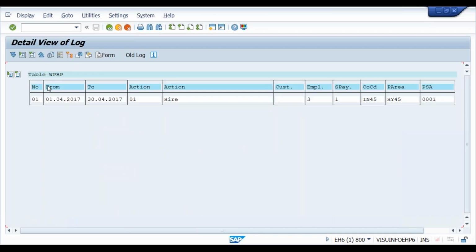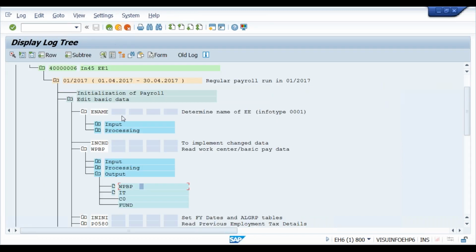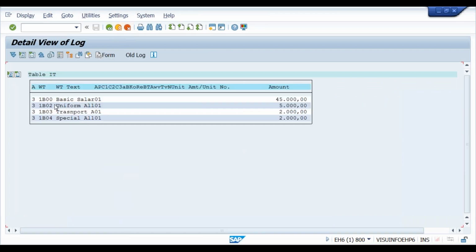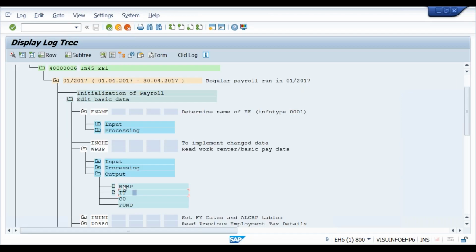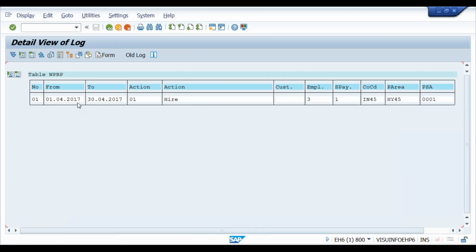Consider this is a personal number and it has all this data, and you are linking this number with this wage type. That means this wage type belongs to this particular data in the WPP table. Clear? Okay.